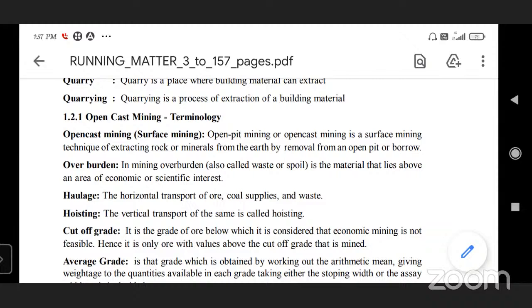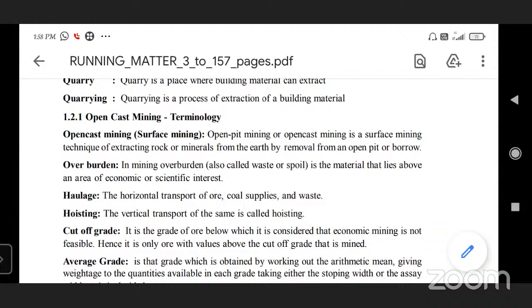Haulage is the horizontal transport of ore, coal, supplies and waste. Whatever material we extract and send by horizontal transport is called haulage.